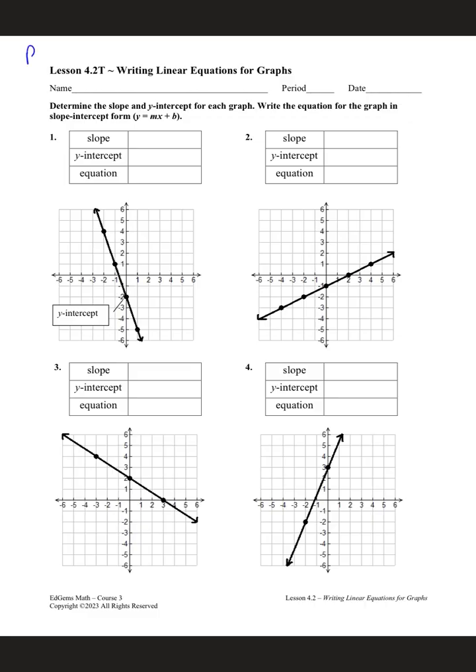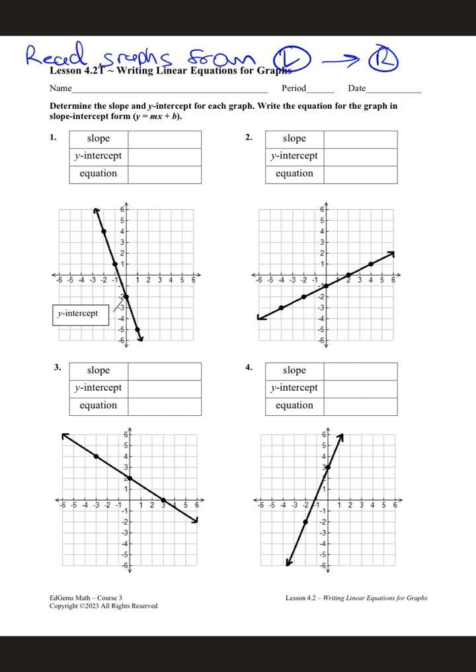Read graphs from left to right. This will help you to determine the proper slope and also help you to determine what the y-intercept is.